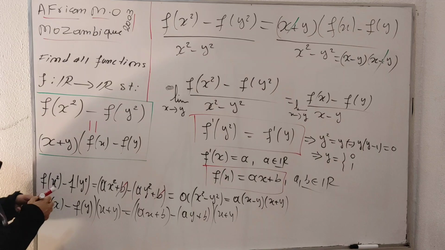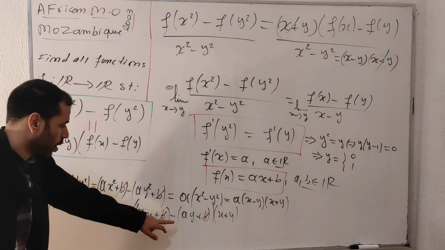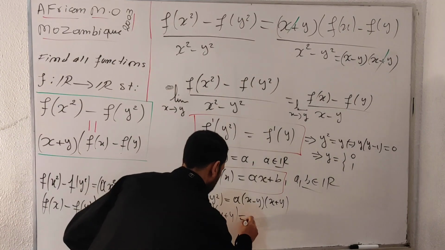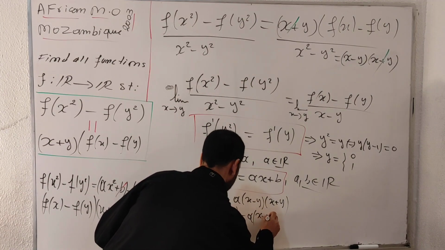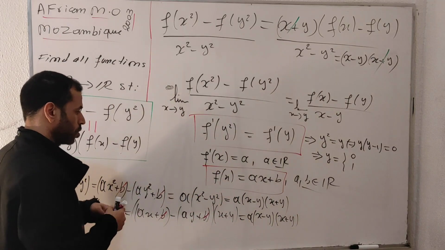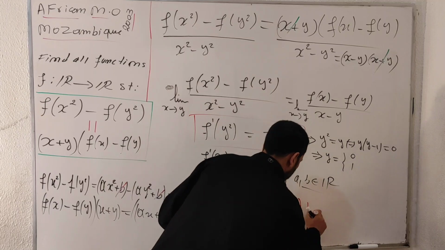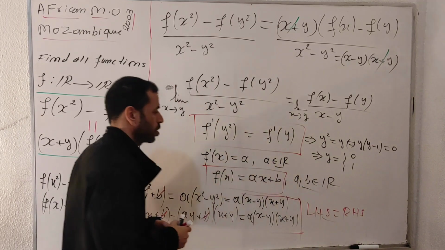This b will be cancelled out. Then I'm going to take a as a common factor. I will have a multiplied by x minus y multiplied by x plus y. So I found the same thing: the left hand side equals the right hand side of this equation. So I have done this problem.